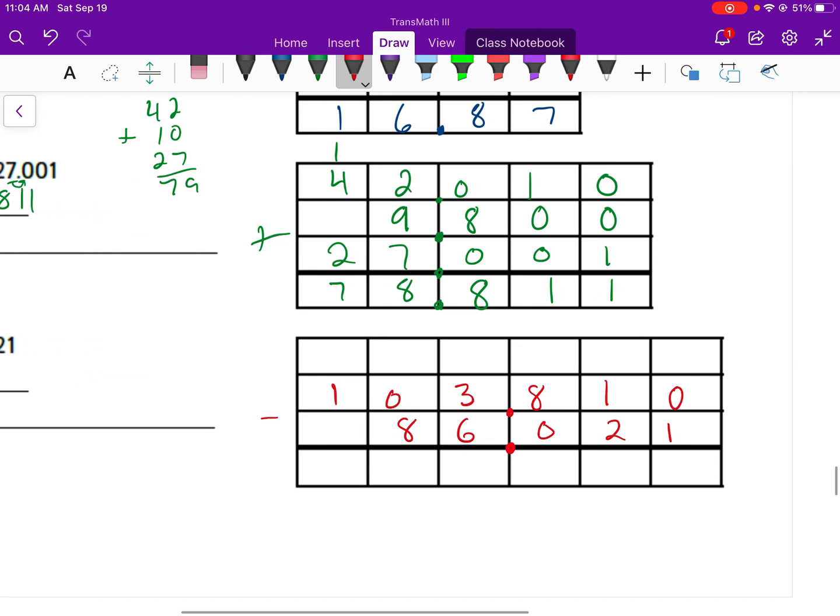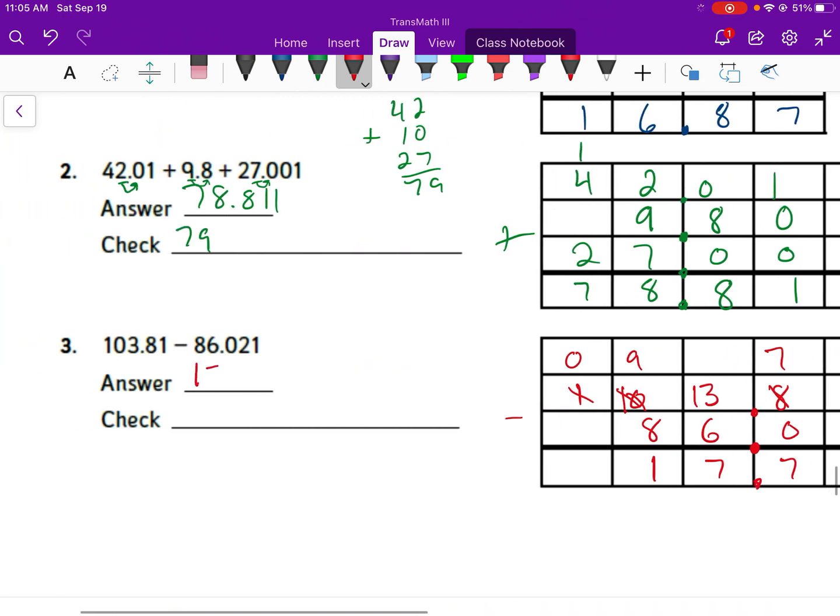So then we're subtracting. 0 minus 1, I need to borrow. Okay, so 9, I need to borrow again. So we get 8, 7, got to borrow. Oh, got to borrow from there. So 9, 13 minus 6, we get 7 again. 1, so 17.789.